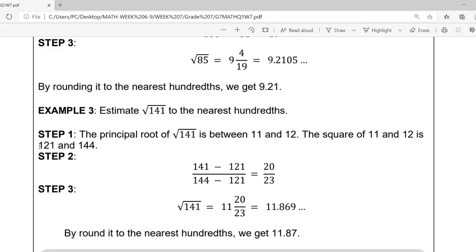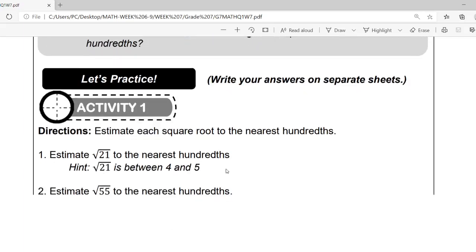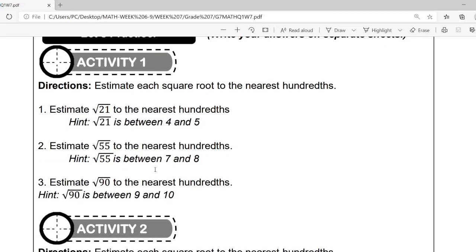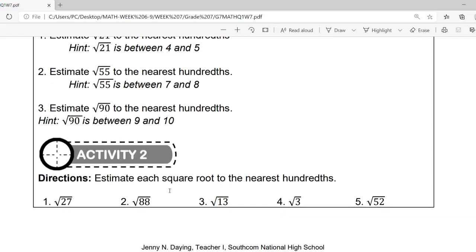You just square 11, 11 times 11 is 121, 12 times 12 is 144. So that's it, it's similar there. So you just follow the examples, similar to that one.